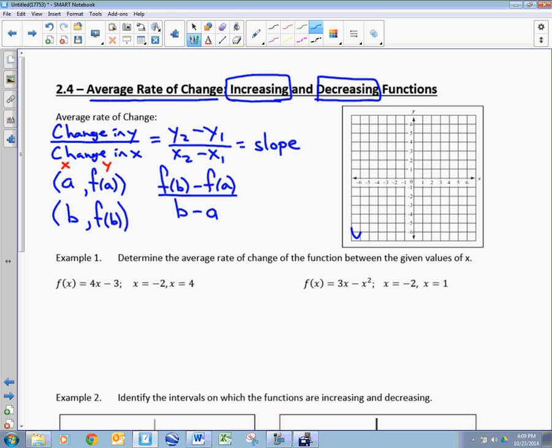I'm going to draw a generic function here. And suppose you wanted to find the average rate of change between 2 points. I'm going to go between these 2 points right here.